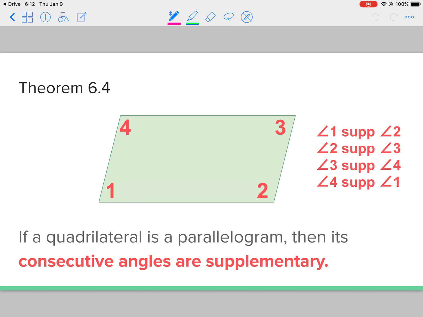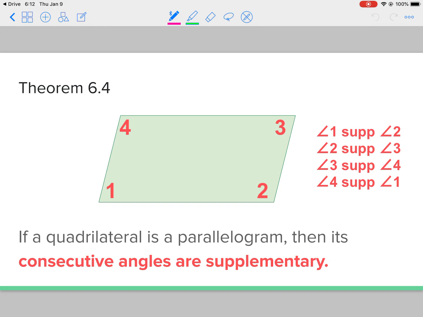In theorem 6.4, now that we know that our opposite sides are parallel and that our opposite angles are congruent, if a quadrilateral is a parallelogram, then the consecutive angles, meaning angles that are side by side, are supplementary.